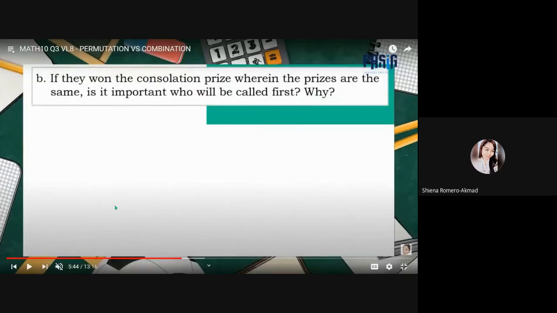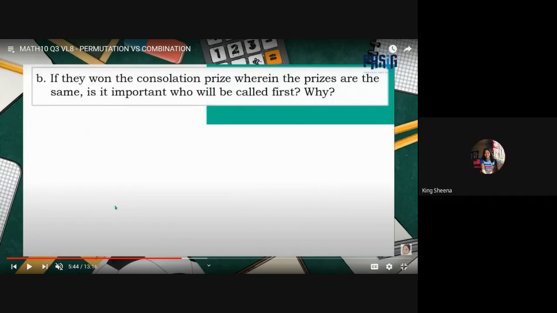Okay, how about for letter B? If they won the consolation prize wherein the prizes are the same, diba mostly pag consolation prize, yun yung mga prizes na kunwari na madalas pare-pareho, no? O consolation prize natin is 100 peso load, pare-pareho kayo niyan. Depende kung ilan yung mananalo ng consolation prize. So in that case, sa tingin nyo ba importante pa rin kung sino yung matatawag na una, pangalawa, pangatlo, and so on? Hindi po.